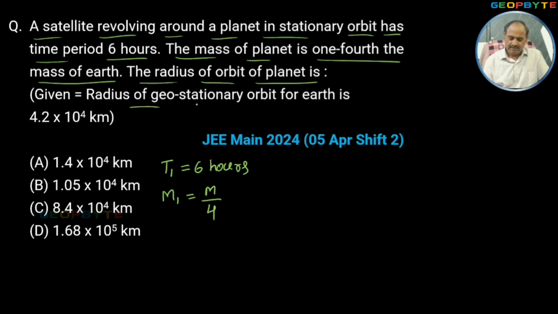Given the radius of the geostationary orbit for the earth, let it be R only, R equals 4.2 into 10 power 4 kilometers.